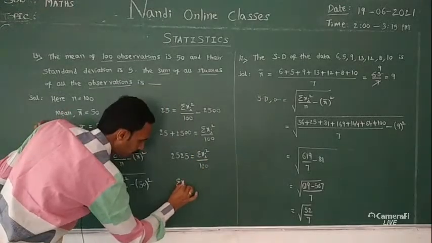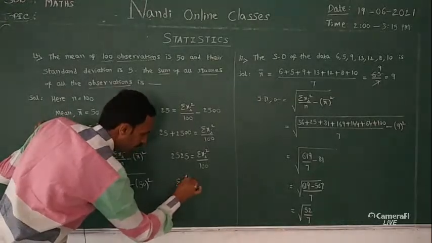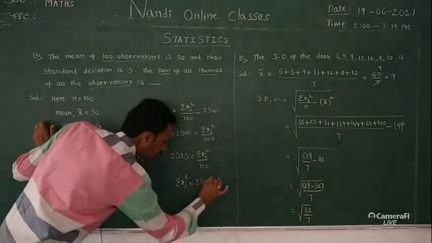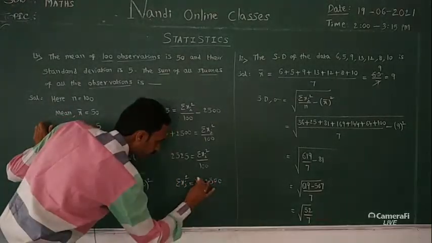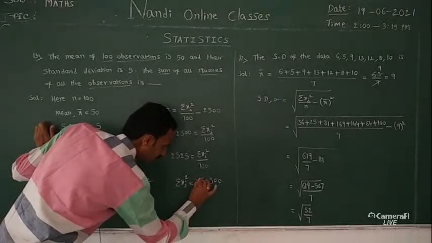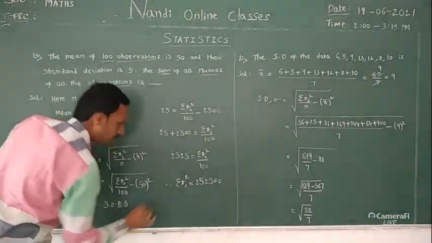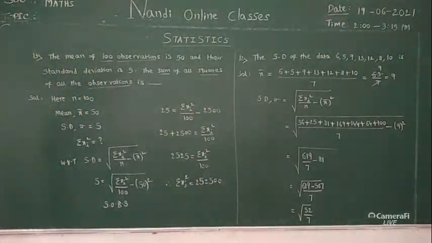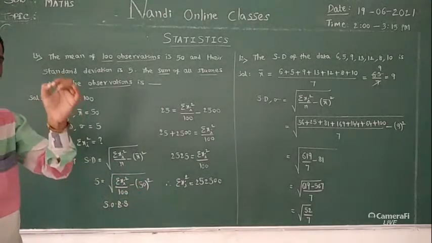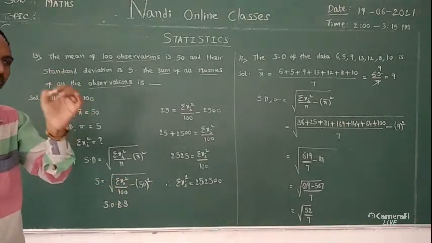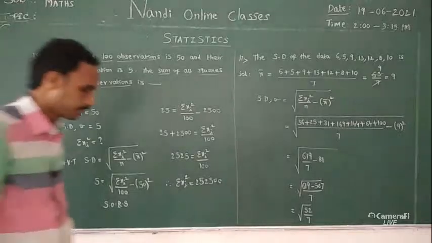Cross multiply, summation xi square is equal to 2,52,500. That is the sum of squares of all observations. Write it.